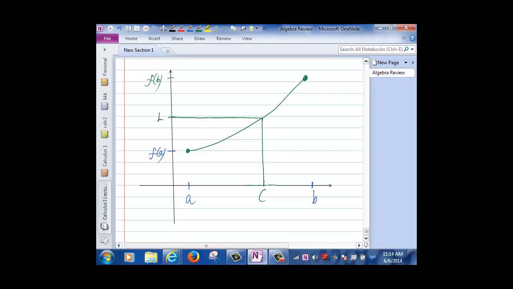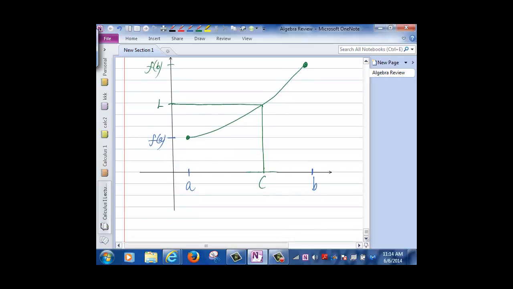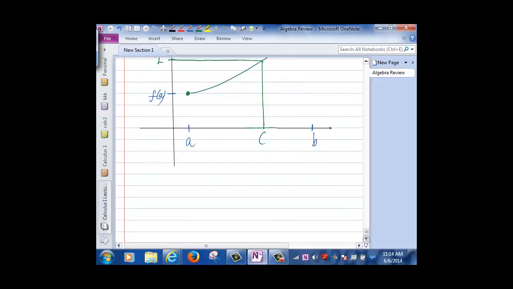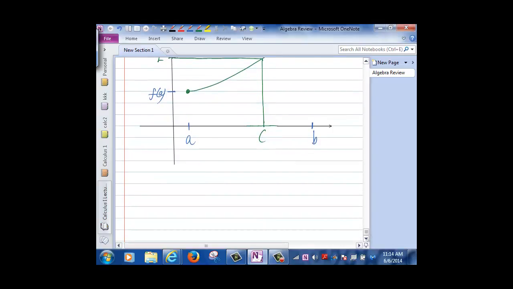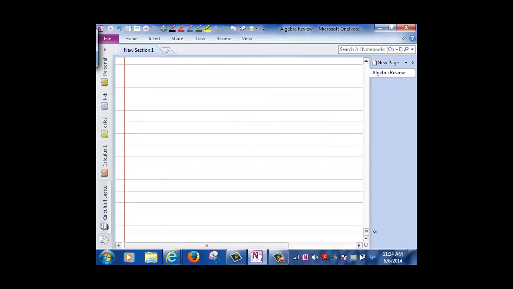If L is in between f of a and f of b, then L is a value of the function, L is f of c for some c. Can you think of an example where this wouldn't be true? Well, if you have a continuous function between a and b, then you are guaranteed that that's true. So you have to pick a discontinuous function, okay?